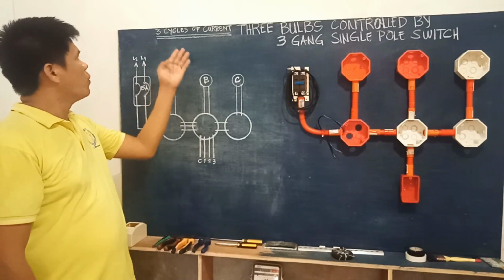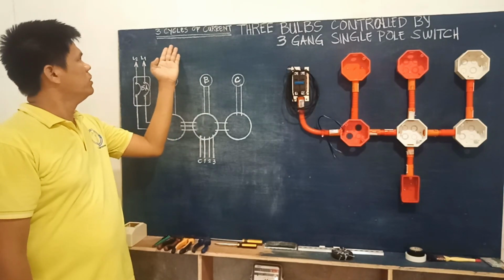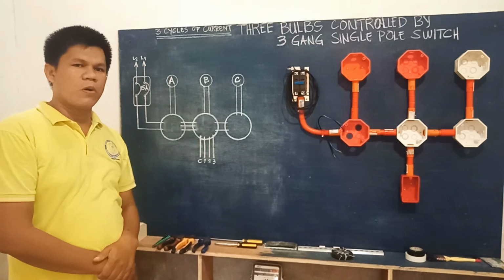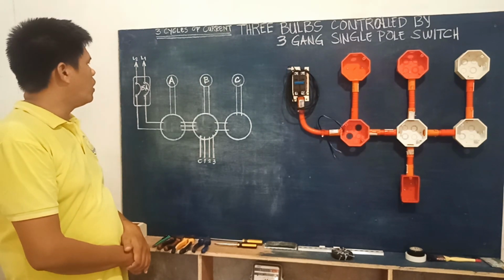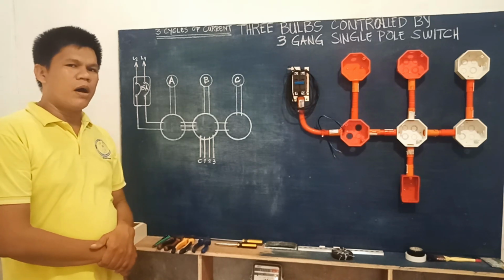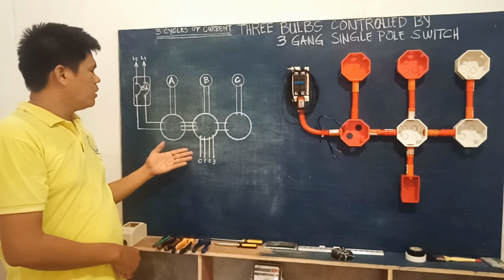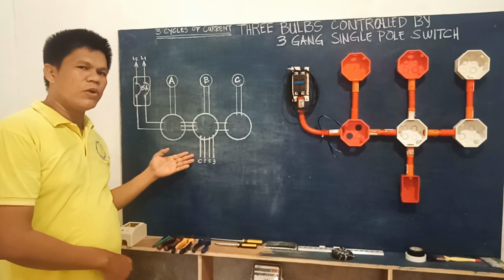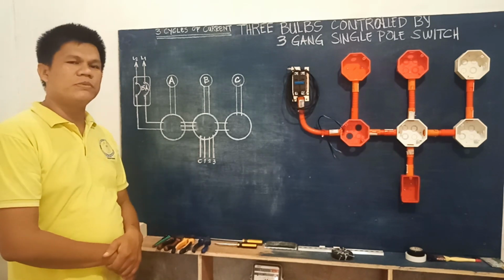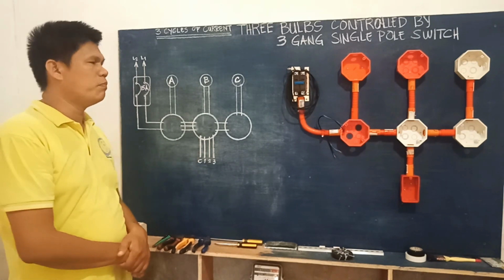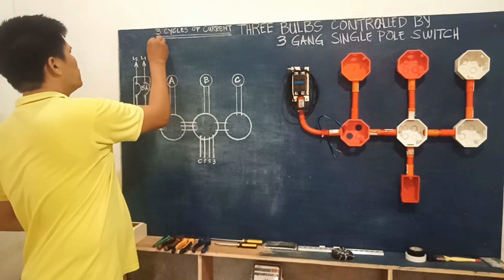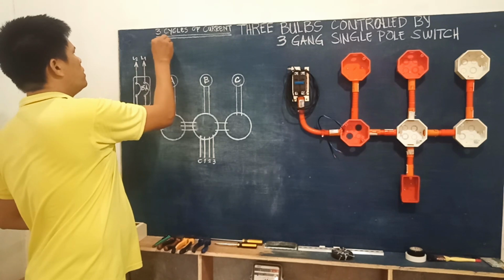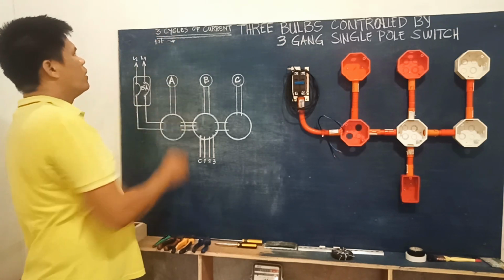Of course, we need to review first the 3 cycles of current to flow so that we have a better understanding on how to come up with the line diagram or the wiring diagram of a 3 bulbs controlled by 3-gang single pole switch.